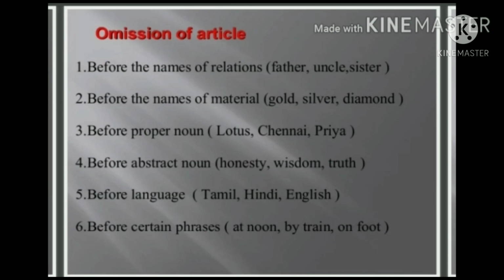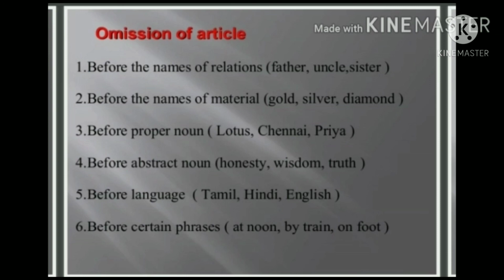Coming to the last segment of this unit, omission of articles. That means where we omit the article. We don't use any article. That is before the names of relations like father, uncle, sister. Second is before the names of material like gold, silver, diamond. Third, before proper nouns like Lotus, Chennai, Priya.